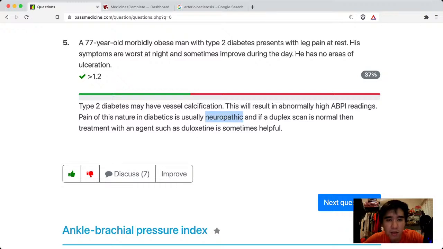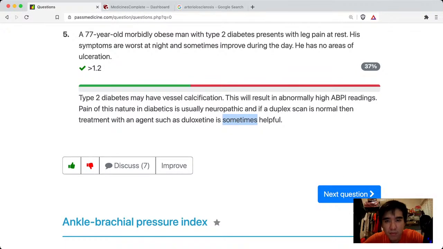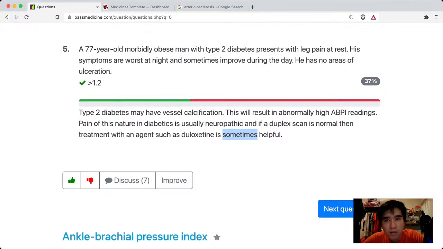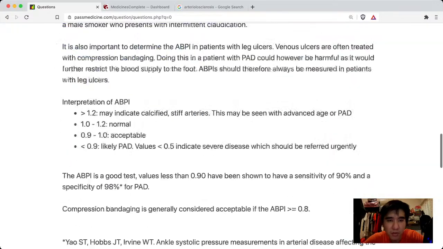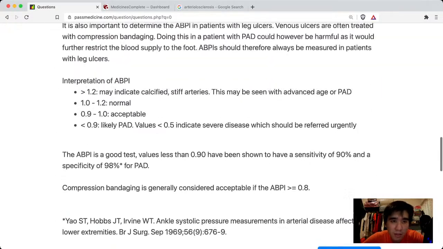Yeah, SNRIs work for neuropathic pain. So this leg pain at rest is actually a neuropathic pain, not a critical limb ischemia, huh? Because it's weird that it improves during the day. Anyway, not very good question in my opinion.